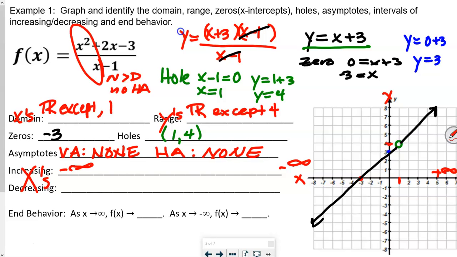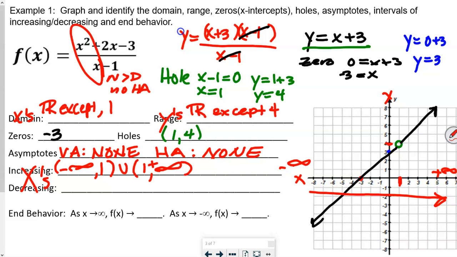So if it's going up to the right, then it's saying it's increasing. So we're going from negative infinity to this point right here, right? 1. Because it pauses there, right? Because that's a hole. And then it picks back up on 1 and goes on to infinity, okay? So again, we're moving this direction. Y'all got me? Across our x's from negative infinity to positive infinity, okay?